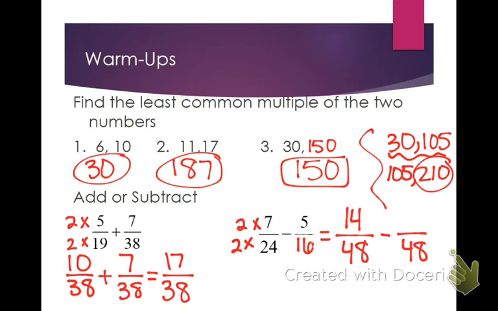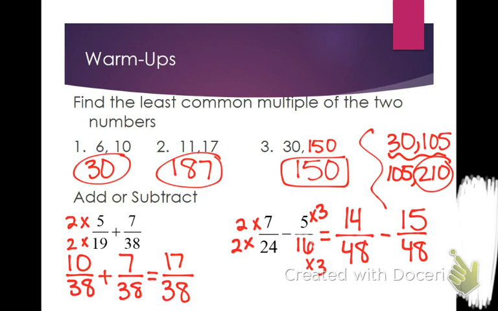On my other denominator, I had to multiply by 3. So 5 times 3 is 15. 14 minus 15 is -1 over 48. Questions, concerns?